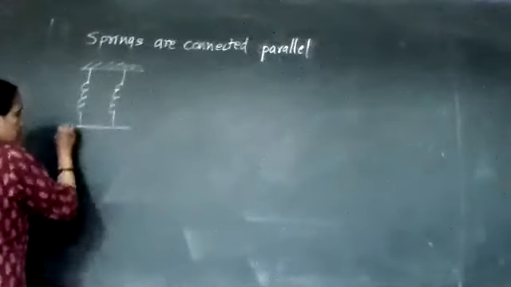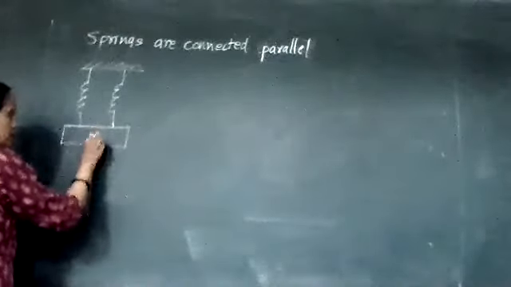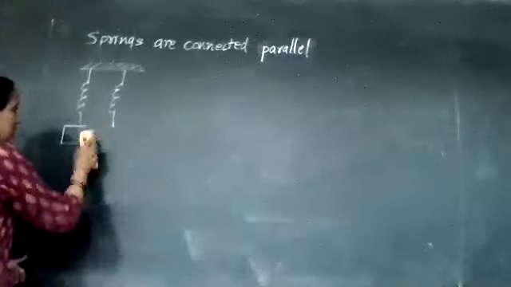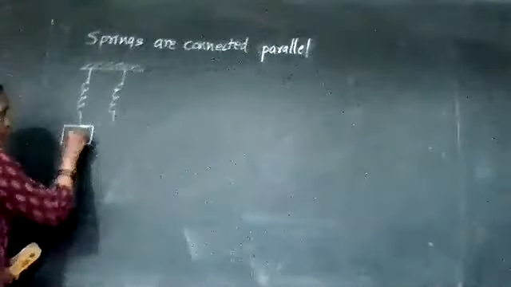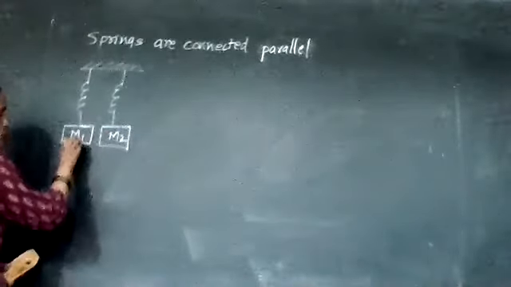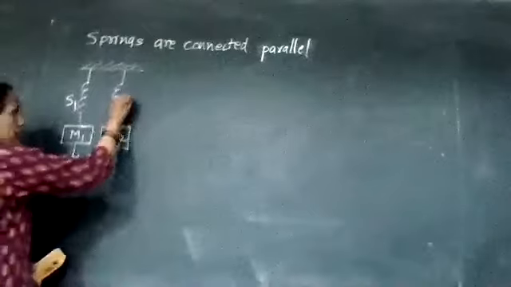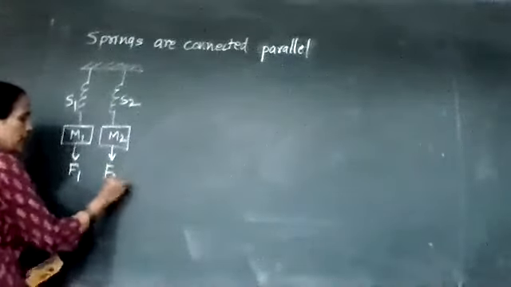Both the springs are attached with the same mass, or if the springs are attached with different masses, I'll say M1 and M2. So applied force on S1 is F1, and on S2 the applied force is F2.